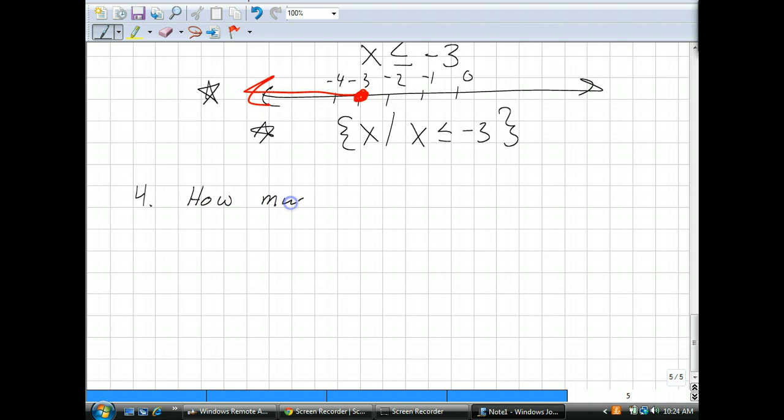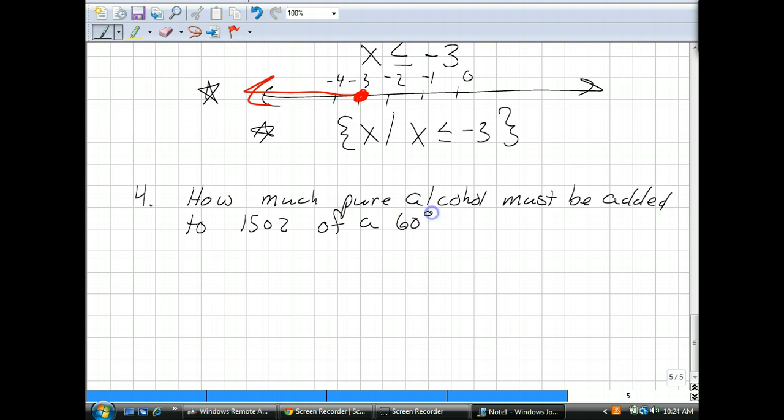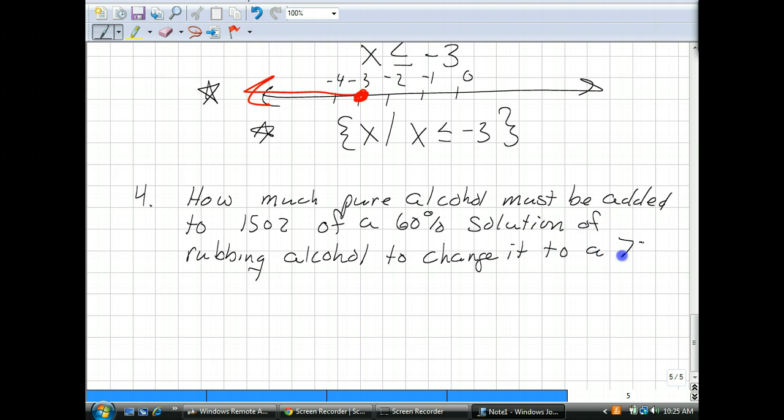How much pure alcohol must be added to 15 ounces of a 60% solution of rubbing alcohol to change it to a 70% solution.